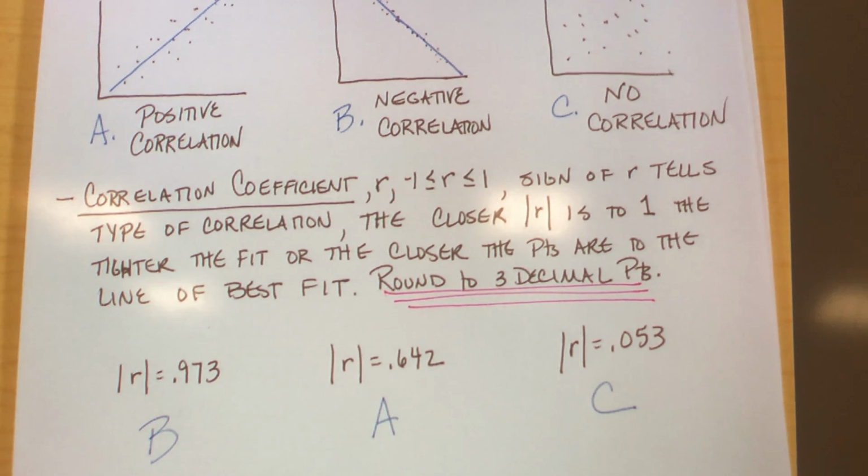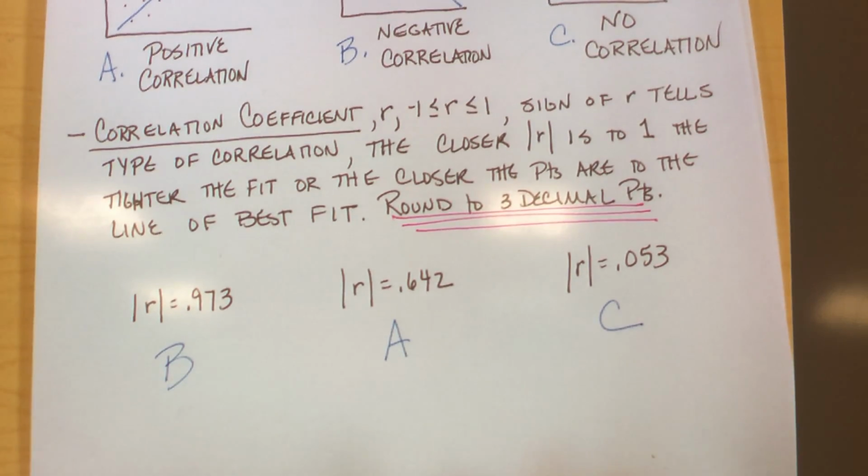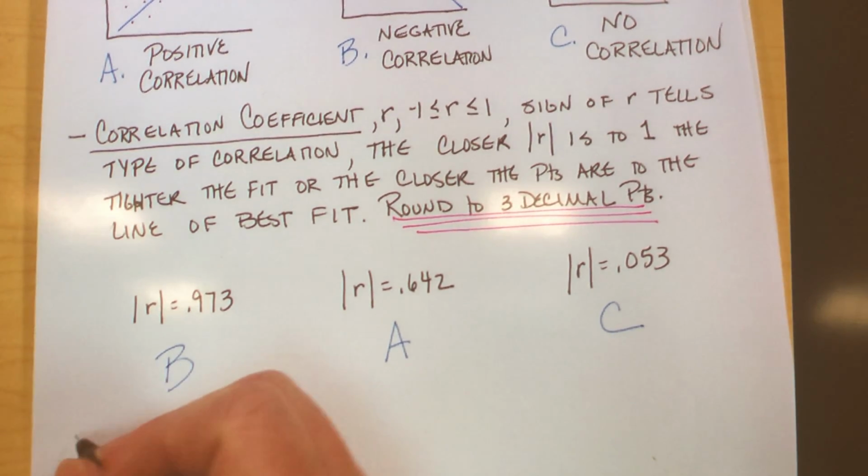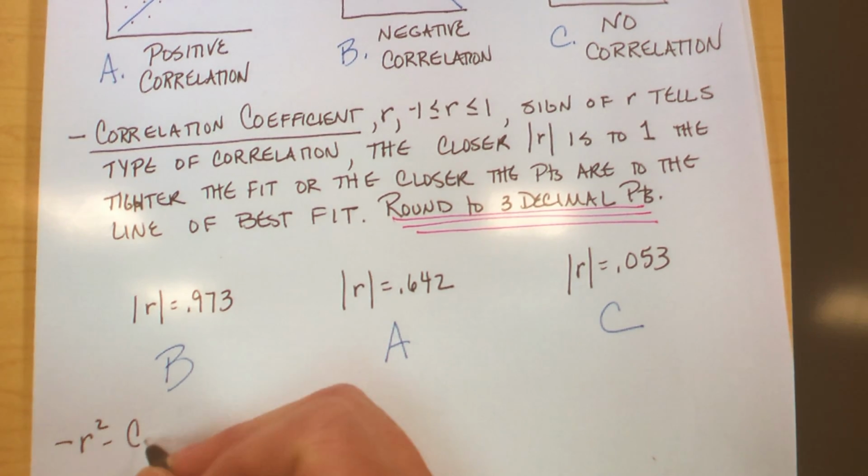Again, I want to tell you that we're not finding R. Your calculator is. We are also going to use our calculator to find what's called R squared, the coefficient of determination.